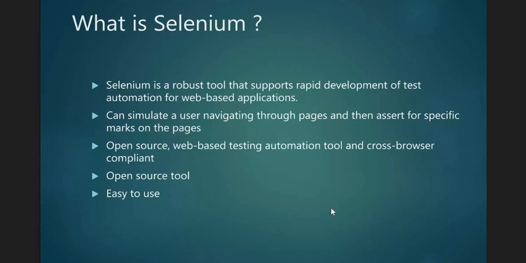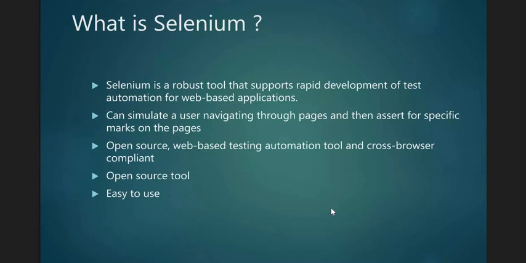First I will discuss here what is Selenium. Selenium is basically a collection of libraries which we can use in the Eclipse tool, and Selenium is a very robust tool that supports the rapid development of test automation for web-based applications.